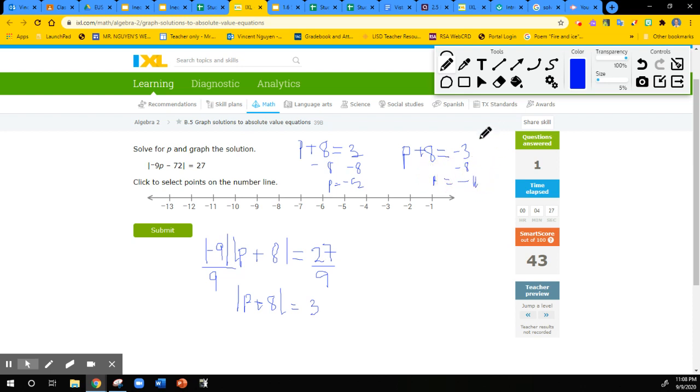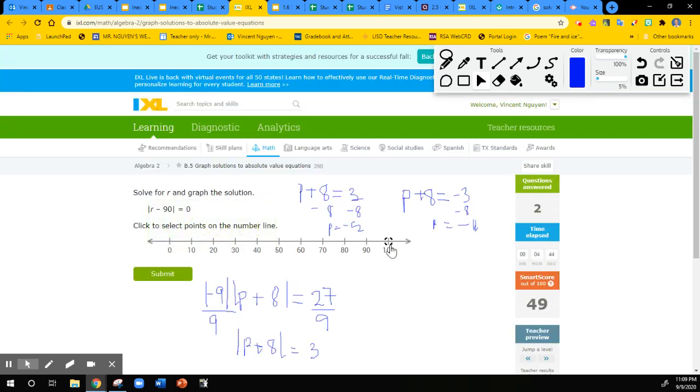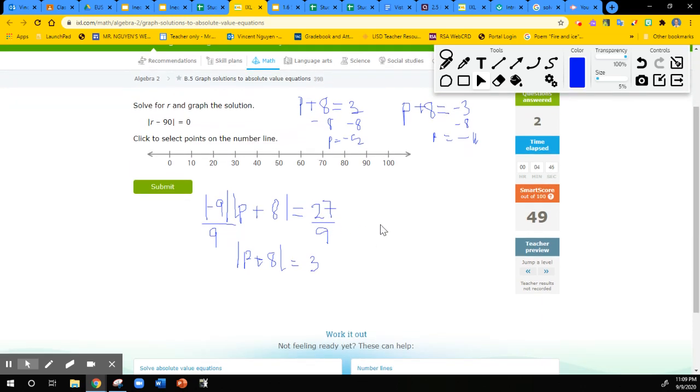Okay, negative 11. So those are my two, and I apologize for the handwriting. My mouse is not working very well right now. Negative 5 is right here, and negative 11 is right here. Okay, and we're going to submit. Okay, so guys, when you're doing this by yourself, you actually have to work out the problems before you can graph the solutions, okay?